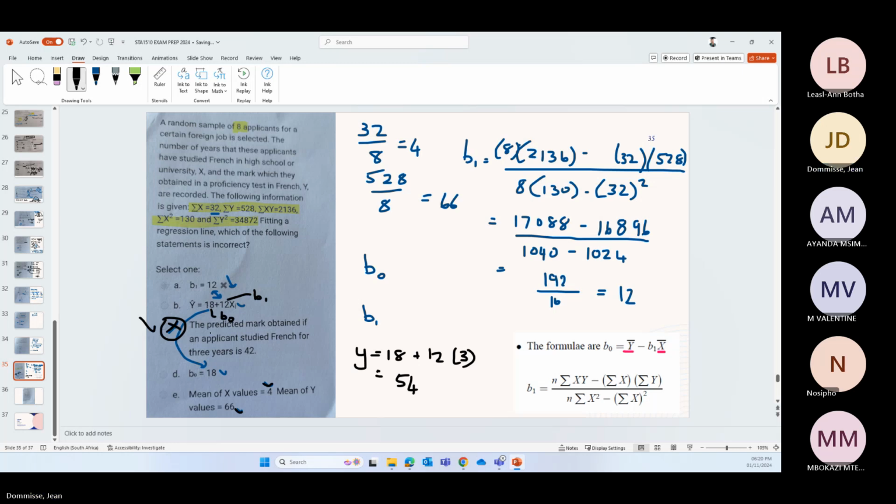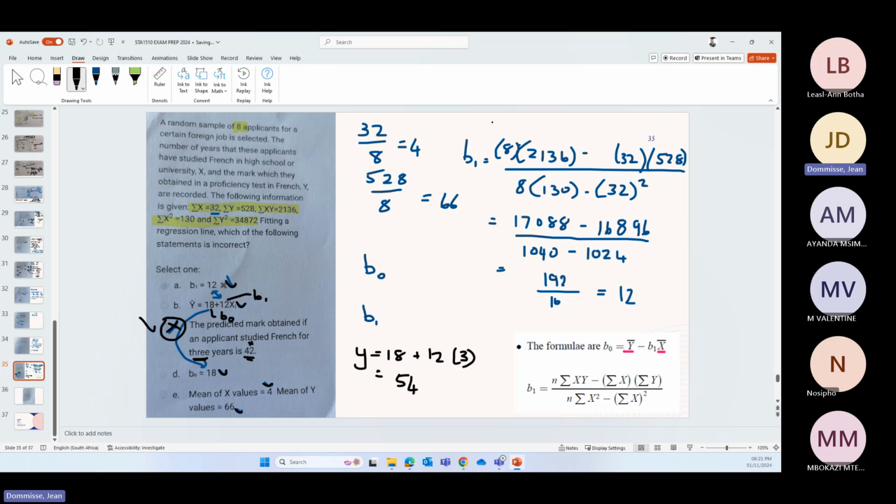So by giving us B0 and B1, they both need to be correct within that formula. And then if we put the 3 into that formula, we should get 54 and not 42. So that's why option C was the incorrect one.